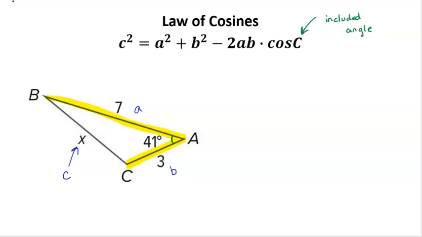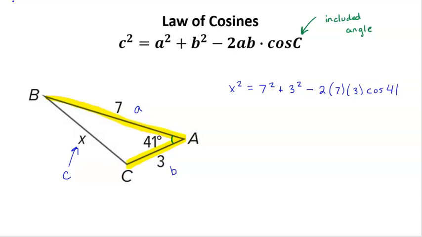So c squared is going to be x squared equals A, which is now 7 squared plus 3 squared, so the two sides that form that included angle, minus 2 times those two sides, so times 7 and 3, and then cosine, and then our included angle, which is 41.